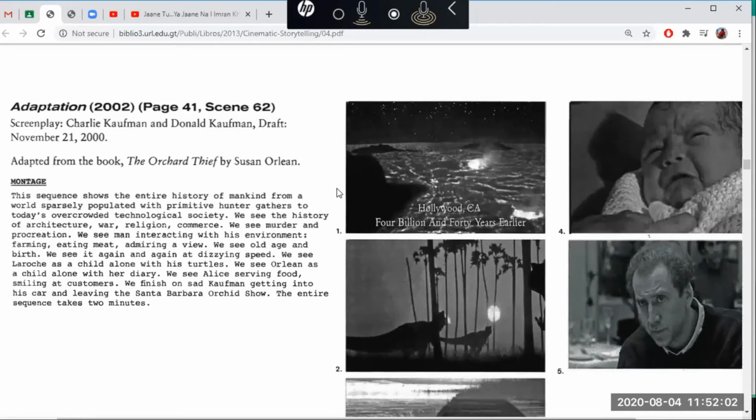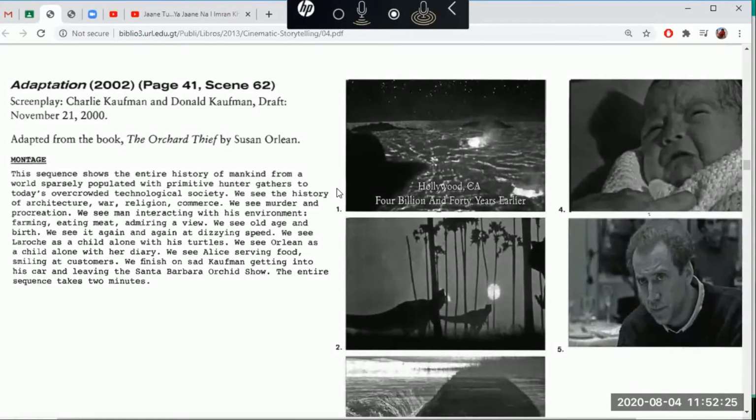So that's why I'm saying that by looking at these images or montages from old scenes, you could also see how time has changed, how the infrastructure has changed, and how culture has evolved over a period of time. Here, this sequence from the film Adaptation is actually showing evolution, right?